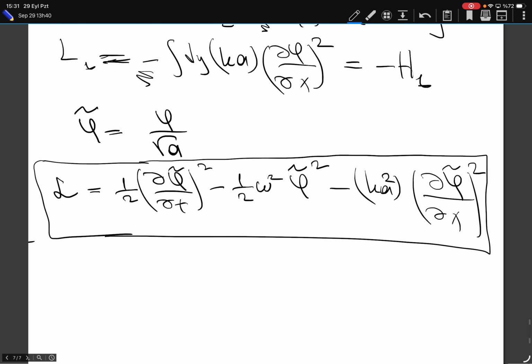Now, in our next lecture, what we will look at is the Lagrangian. Look at this Lagrangian.